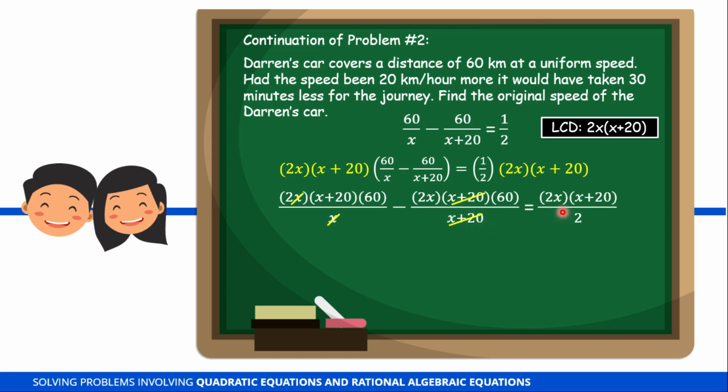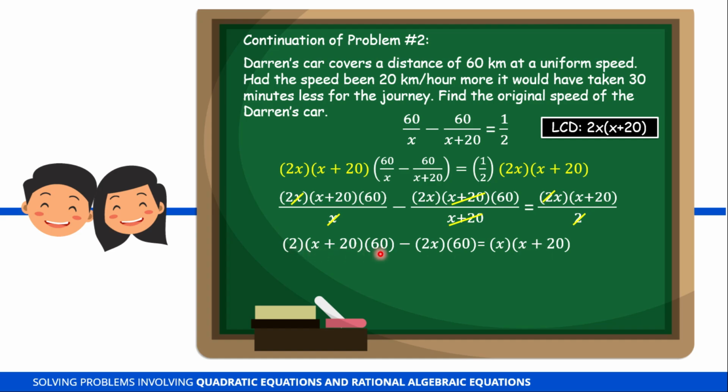And dito naman sa kabilang side ng ating equation, ma-eliminate natin yung 2 dito sa monomial na 2x, and sa denominator, ma-eliminate din yung 2. Ang maiiwan sa ating equation ay 2 times quantity x plus 20 times 60, tapos sa pangalawang term naman, maiiwan yung 2x at saka yung 60, is equal to, we have x times quantity x plus 20.